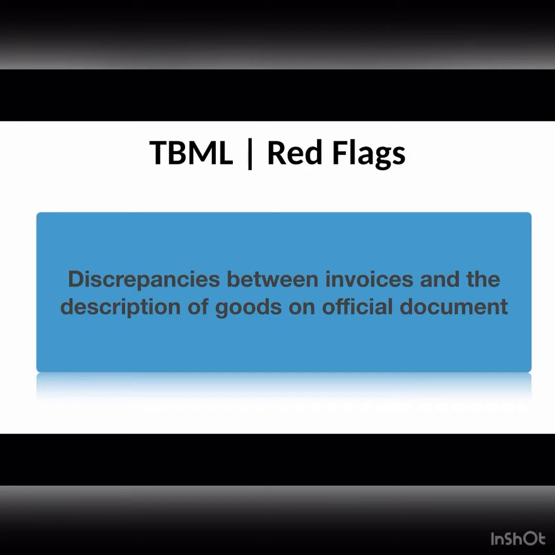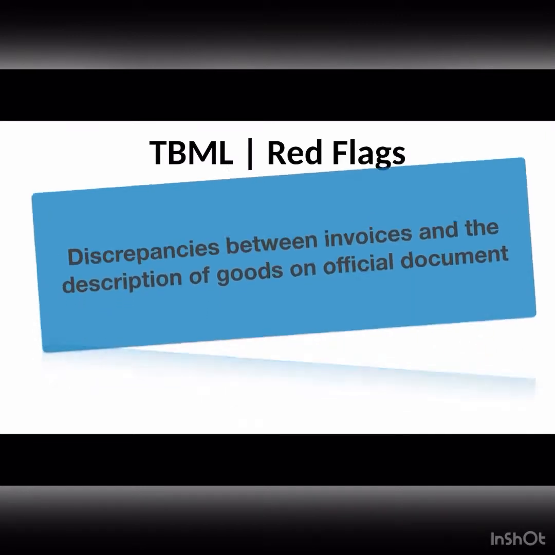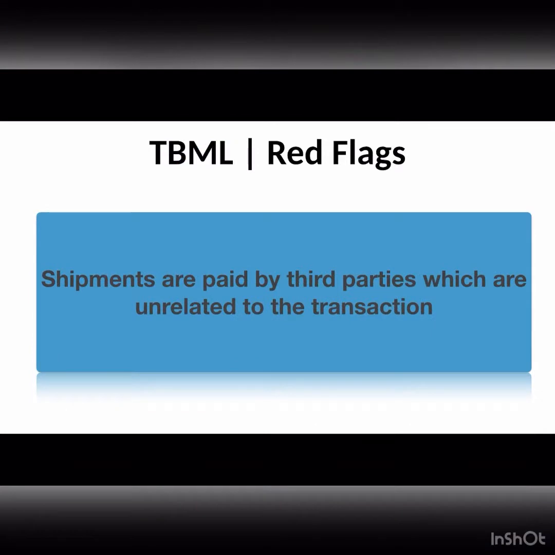And it has also been seen that the quantity of goods sometimes exceeds the known capacity of a shipping container or tanker or other vessel. Shipments are paid by third parties which are unrelated to the transaction.